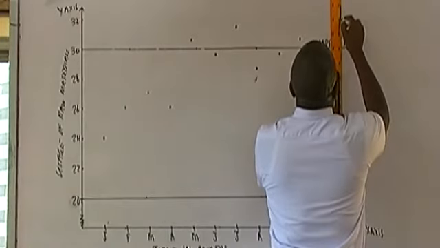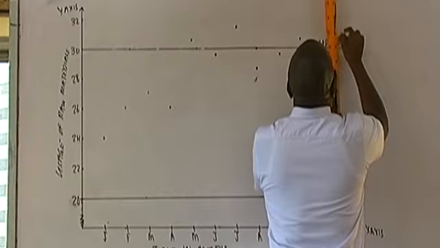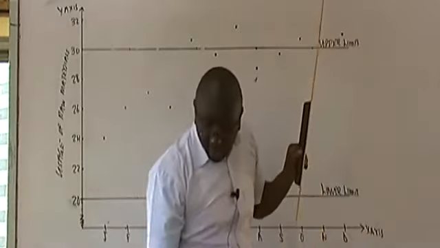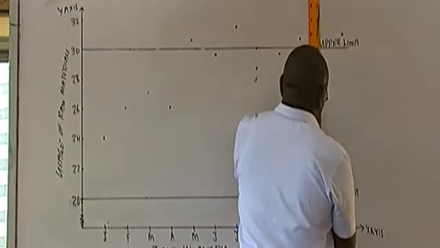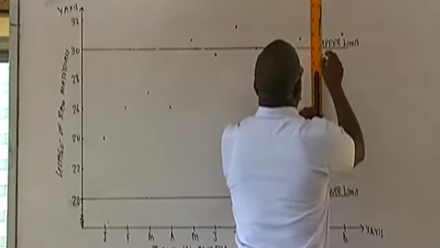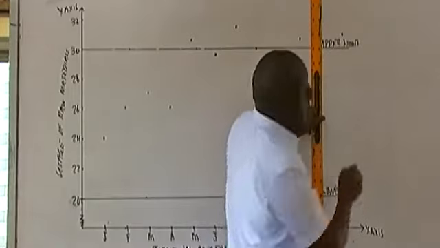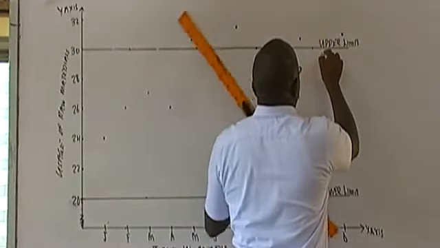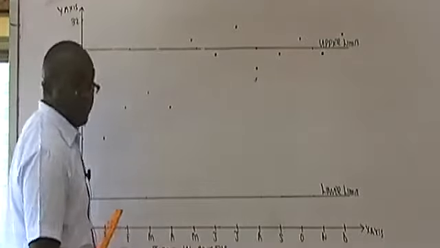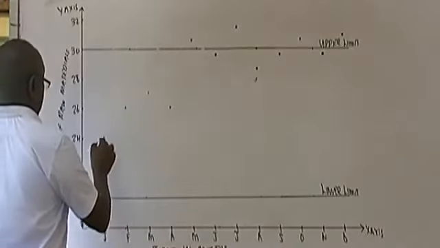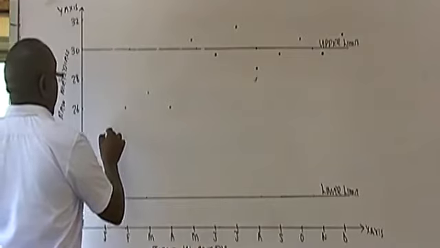December is that one. And November is 29,750 somewhere here. Then those points, you join them using a freehand.